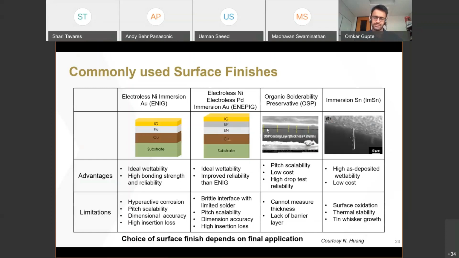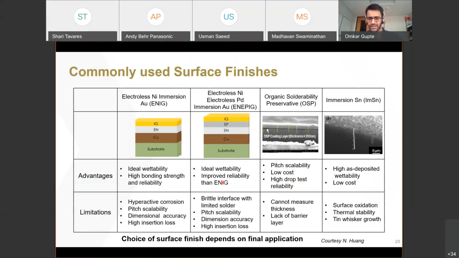Also, the reaction control between nickel and solder is better than copper and solder, which can form very fast intermetallics. On the other hand, OSP or immersion tin will end up forming copper tin intermetallics, whose growth can be pretty fast.